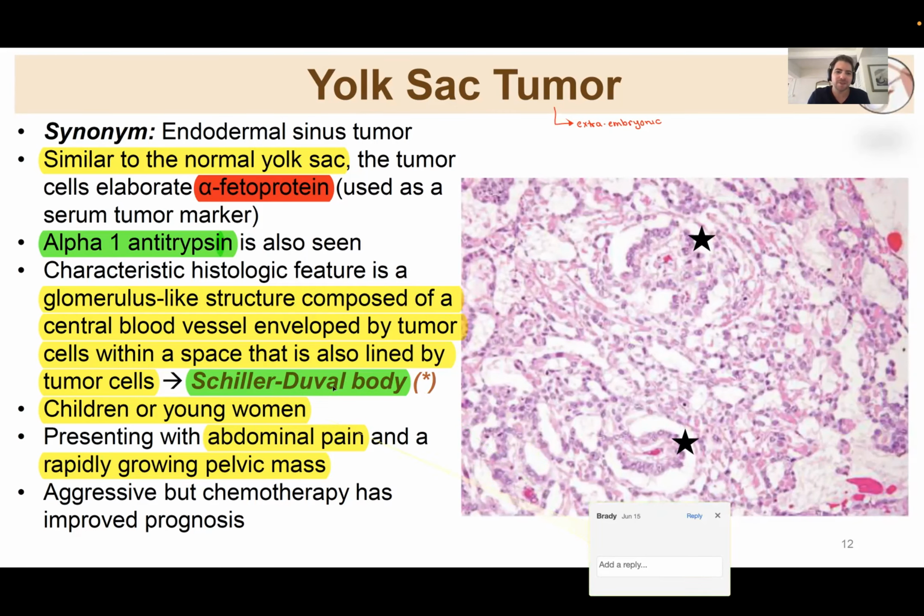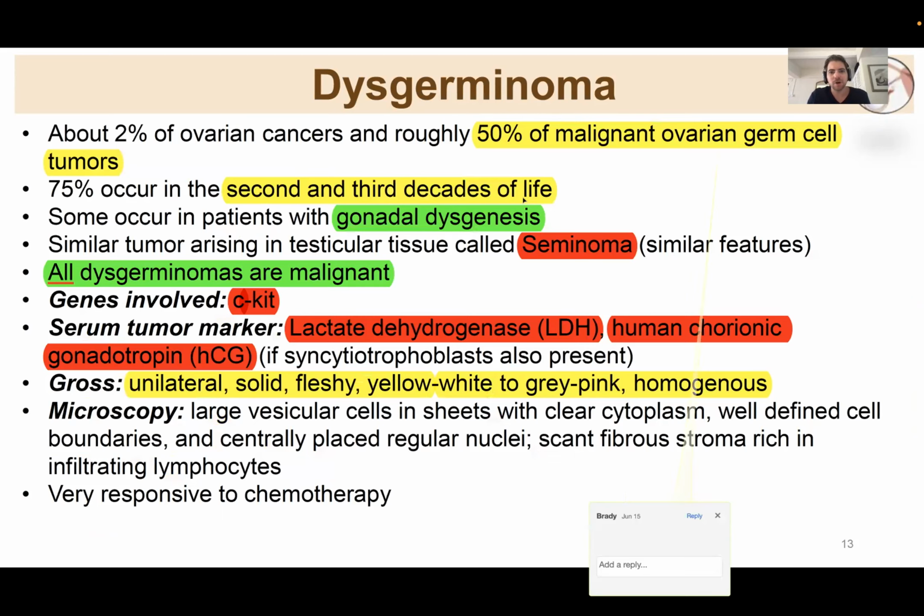But for now, I think it's okay just knowing that this word, the Schiller-Duval body, correlates to yolk sac tumors. But some of the more difficult questions, they won't tell you. They'll just kind of explain it like this, and you're supposed to be able to put it together. But yeah, y'all will get there. These germinomas, you can see these markers that are involved here, LDH and HCG, gene involved c-KIT.